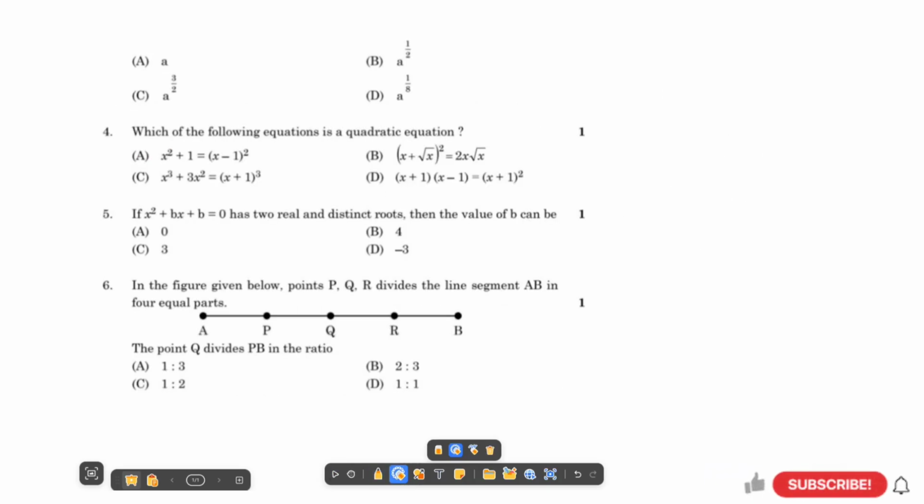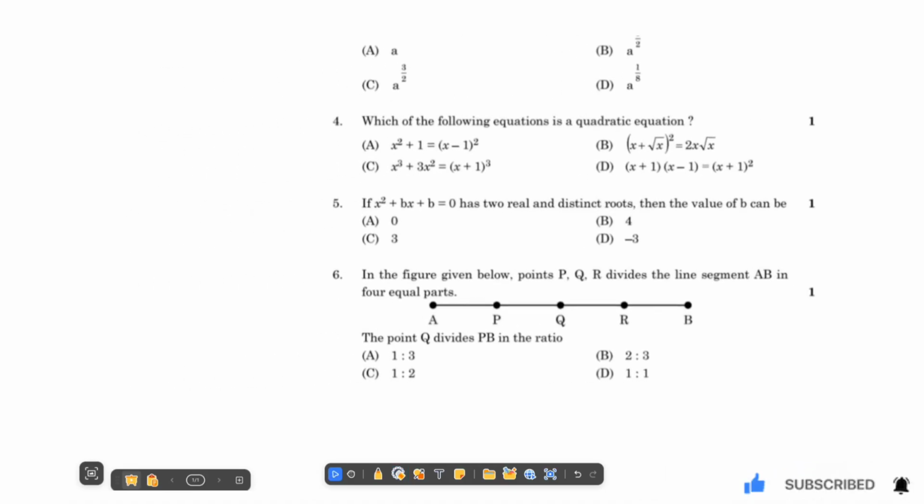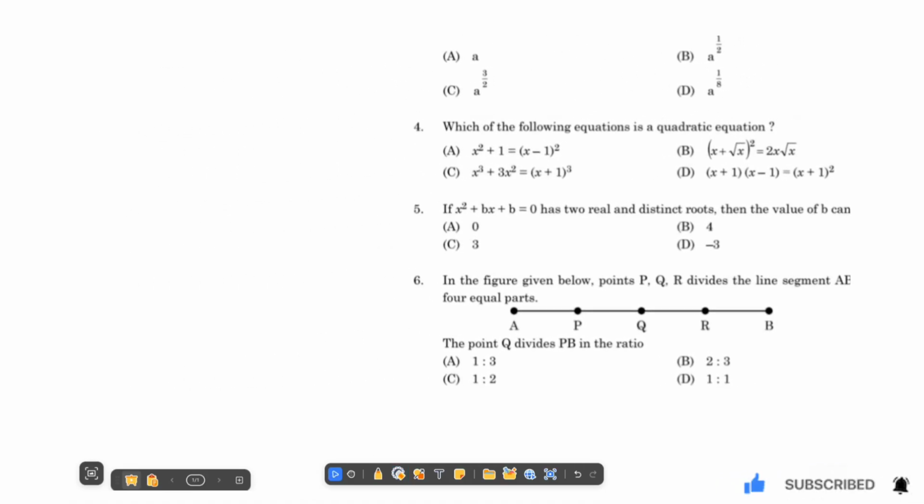So next question is, which of the following equations is a quadratic equation? So we have to check every option and find which of these is a quadratic equation. Let's take the first option. Option A is given: x square plus 1 is equal to x minus 1 whole square.